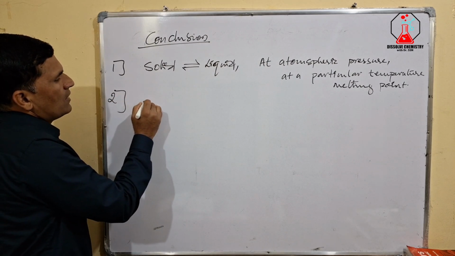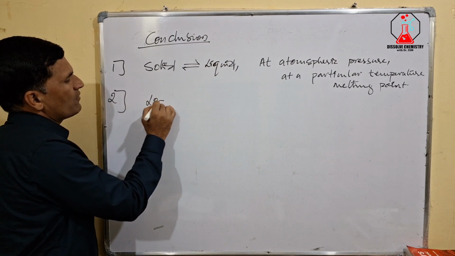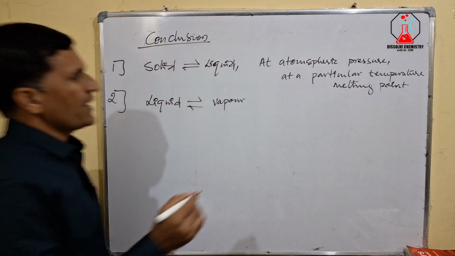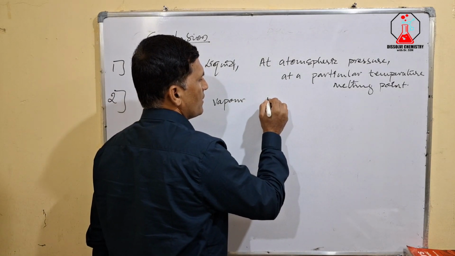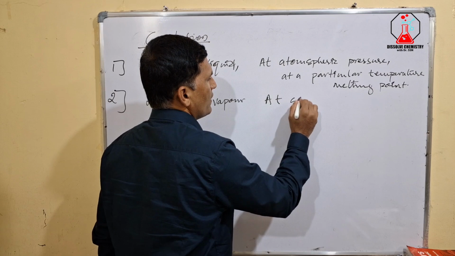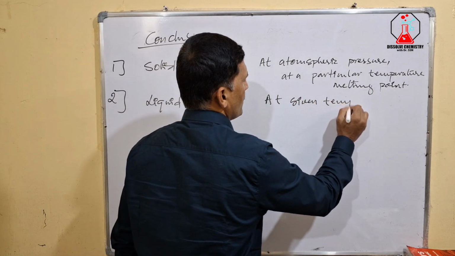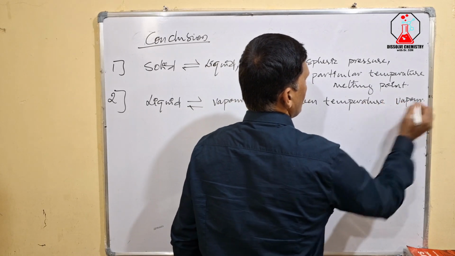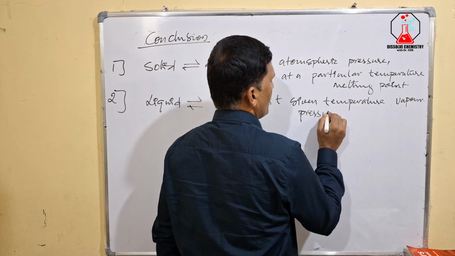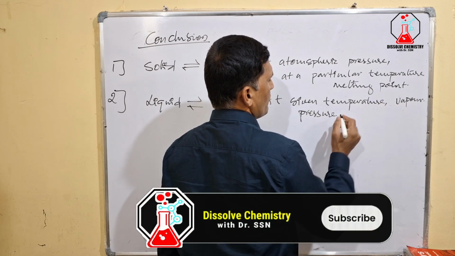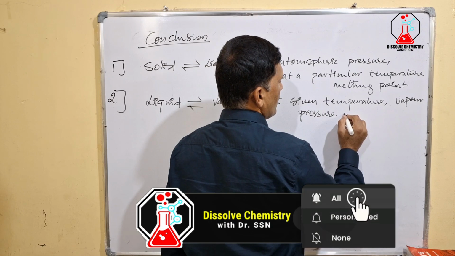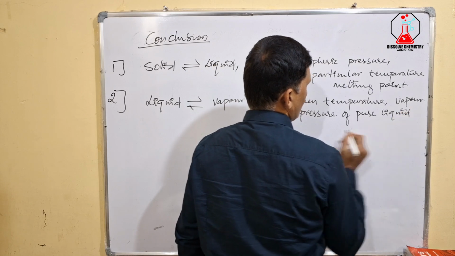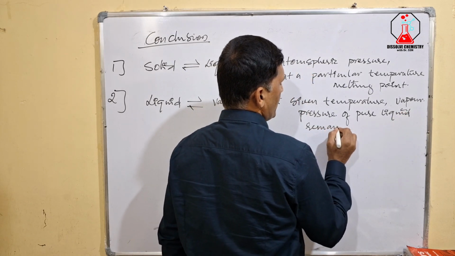The second one is the equilibrium between liquid and vapor phase. At a given temperature, the vapor pressure of a pure liquid remains constant.